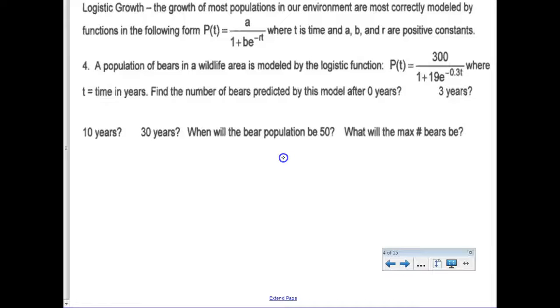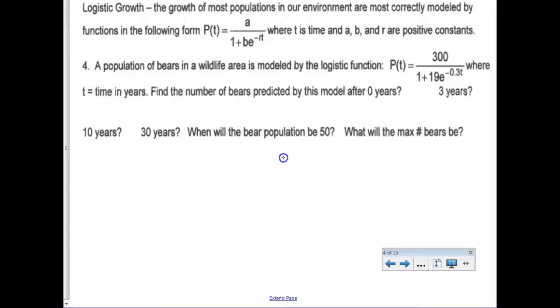Let's talk about this question here. Bears. What a cute question. All right, so bears in a wildlife conservation area. Have you ever heard the phrase, logistically speaking? What we're going to interpret here is called a logistic growth formula.